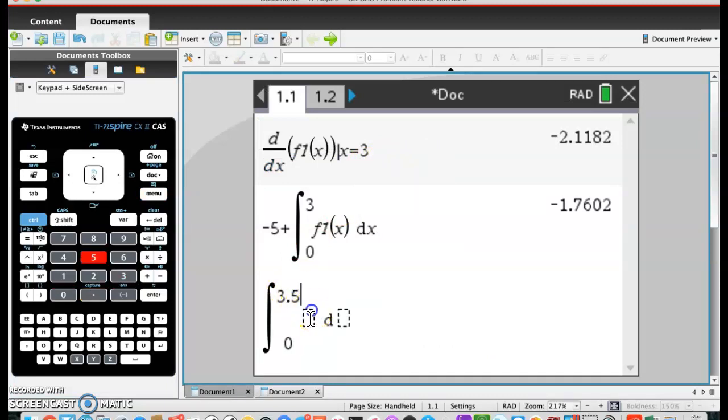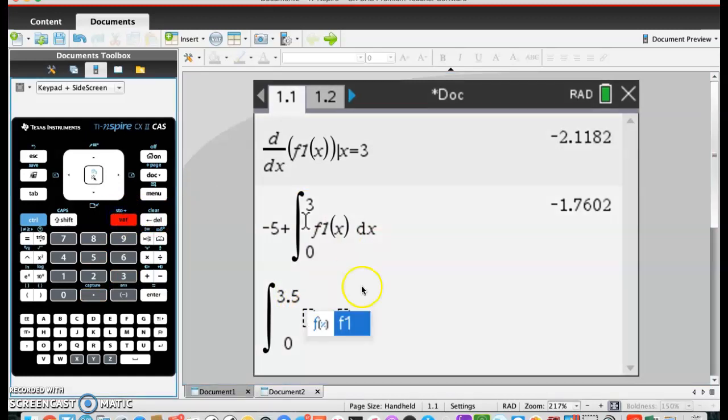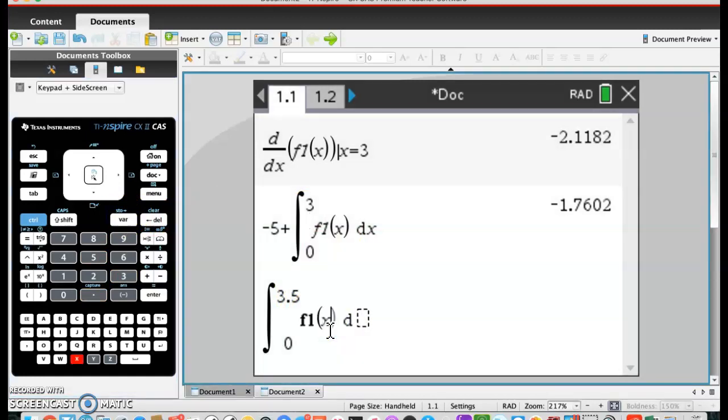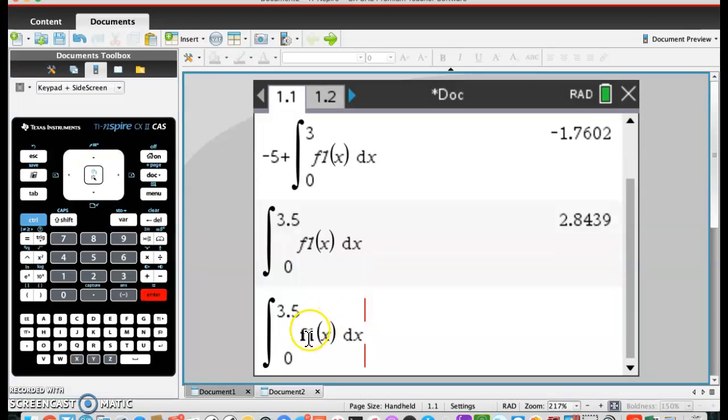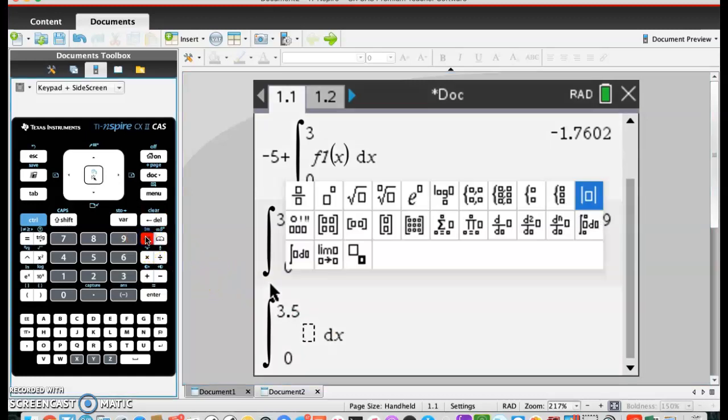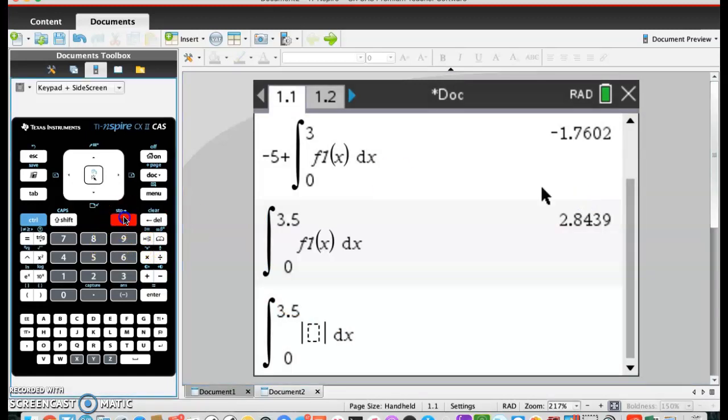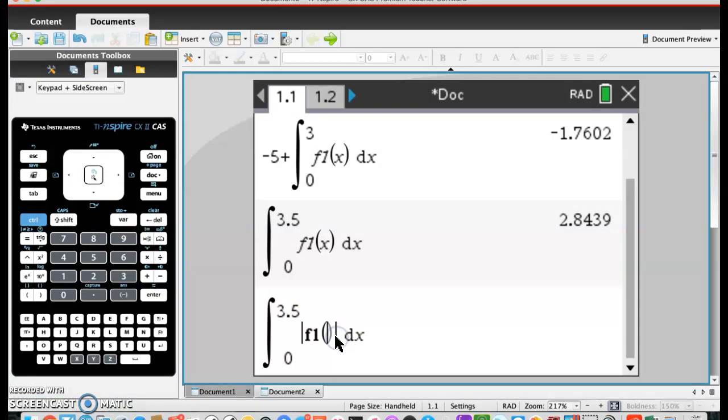V of t is stored in f1, and that's why it's so much easier to store it in the calculator, so you don't have to retype it. Then I'm going to delete this and put in the absolute value: var, f1 of x.